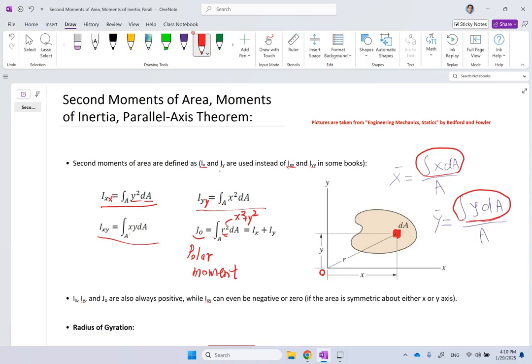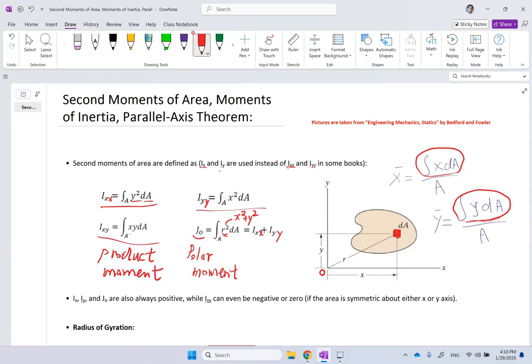That is your Iyy. Integral of y squared dA is Ixx. So we can say that it is the summation of these two second order moments. As I said, this is called the product term. Good. So these are new terms.